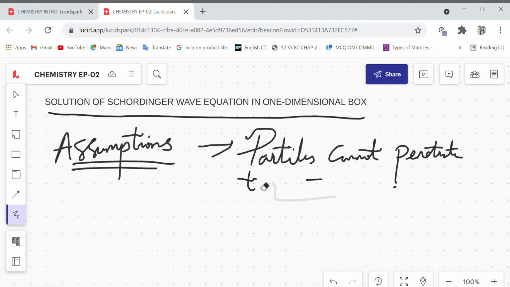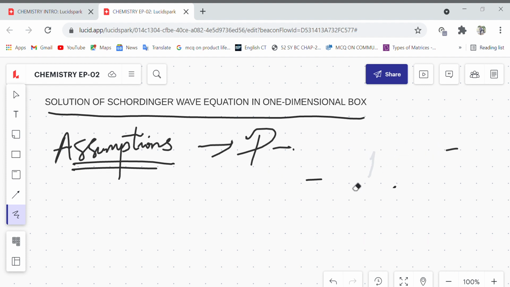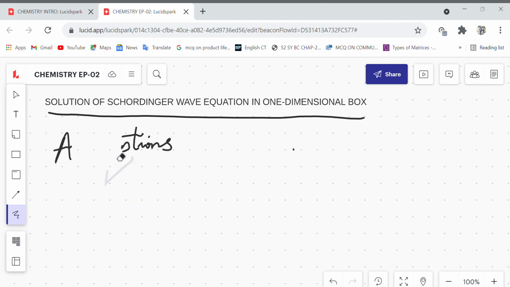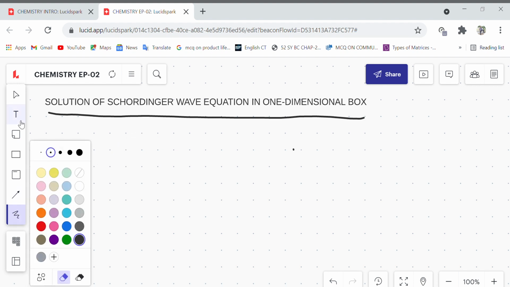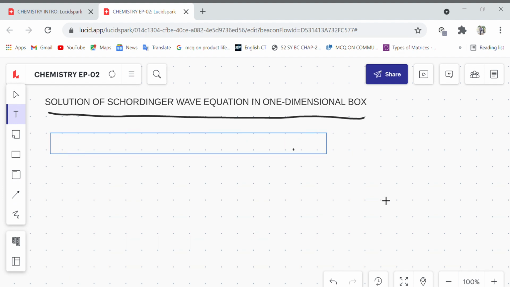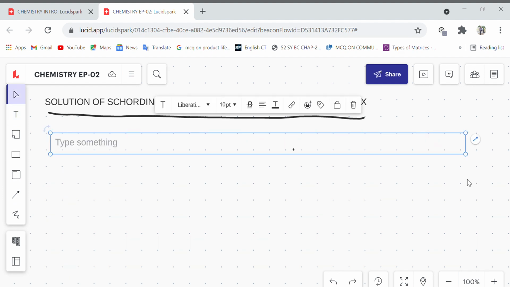It will be much easier and clear. Okay, so I will use this whole text box. So what we are going to talk about is assumptions. First one is particles cannot penetrate through the walls.